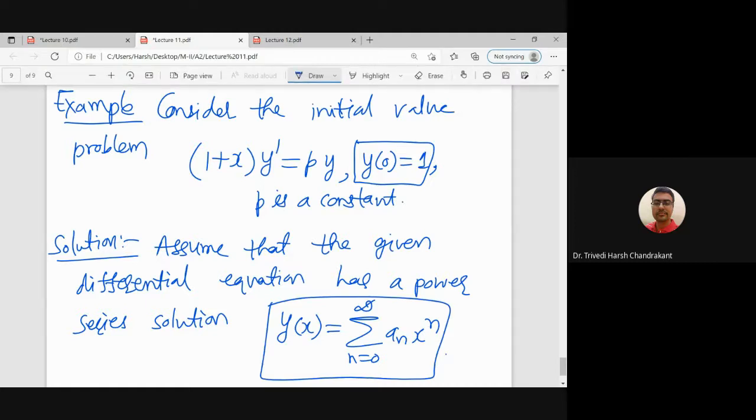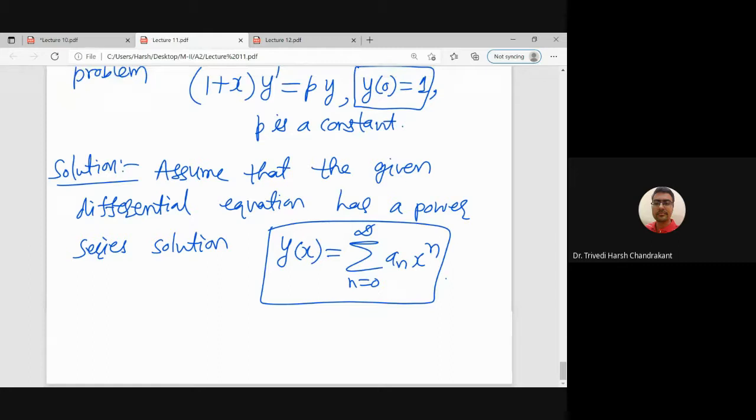So what we are doing, we have assumed that this is a solution of the given differential equation. So now what is the goal? Goal is to find these constants using this equation, right? So we are assuming some power series is a solution, and essentially we'll find an. So we'll exactly get what is the actual series and whether that series represents some function or not.